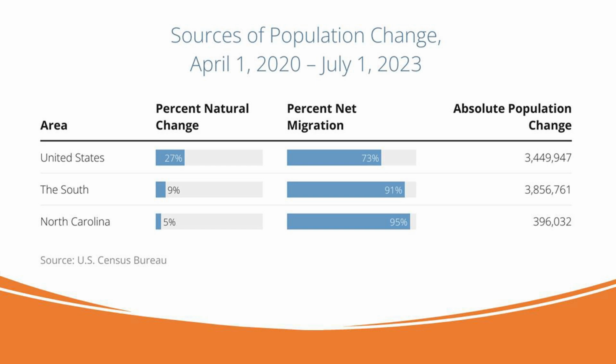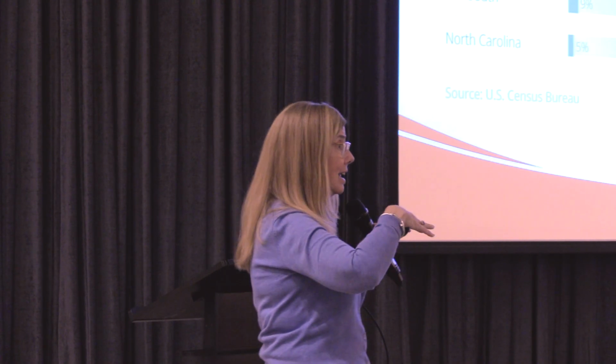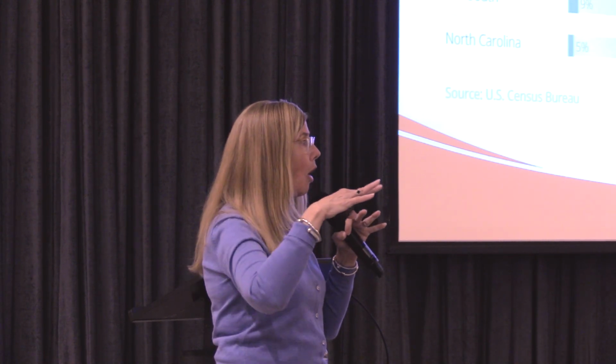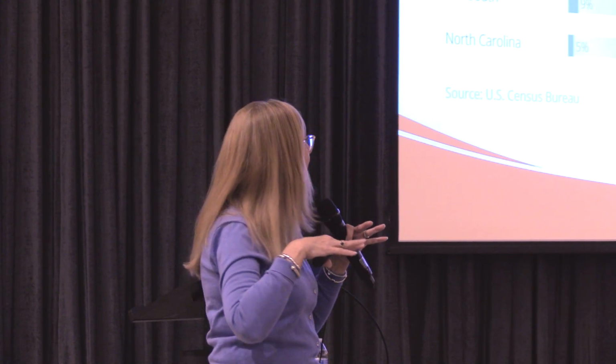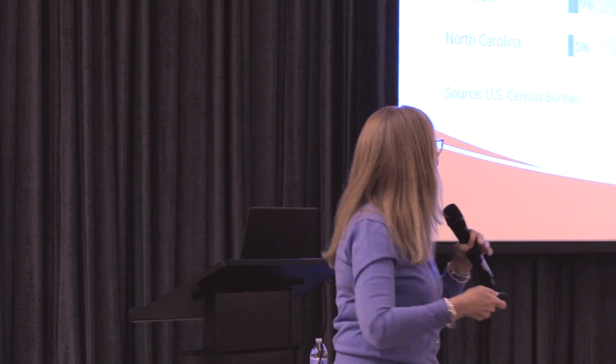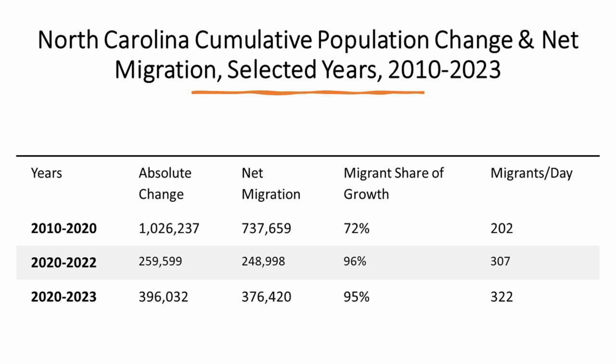So I've got the percent natural change, migration. You see it's largely due to migration. So when we look at North Carolina, it's people moving here from other states, and then it's the foreign-born population moving, and then the native white population that was here prior to that time is aging. So all of that's driving the change in the population in terms of our physical appearance and our age.